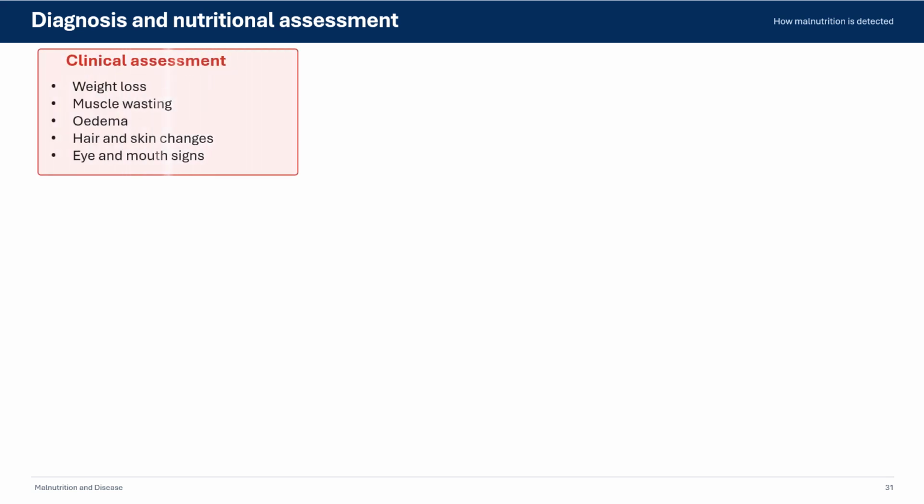The second to the last objective of this presentation is diagnosis of malnutrition. Diagnosis of malnutrition generally aims at nutritional assessment. This includes clinical assessment such as assessing weight loss, muscle wasting, edema, hair and skin changes, eye and mouth signs.